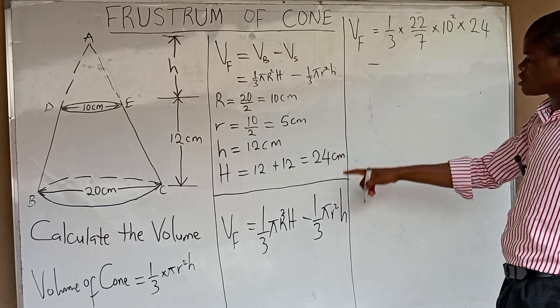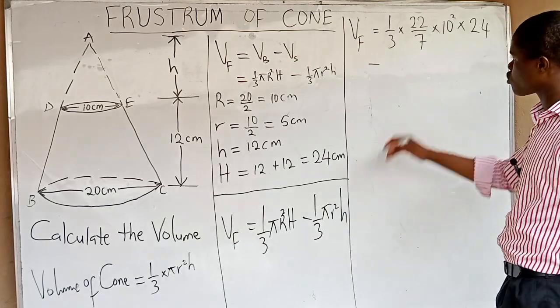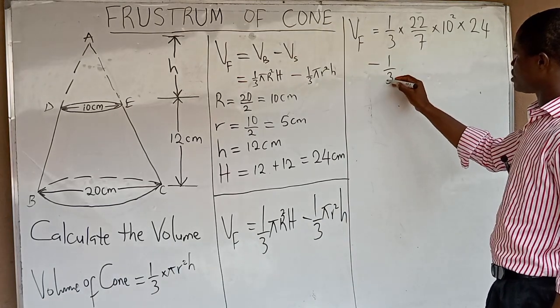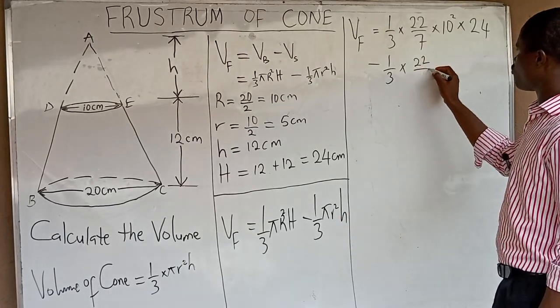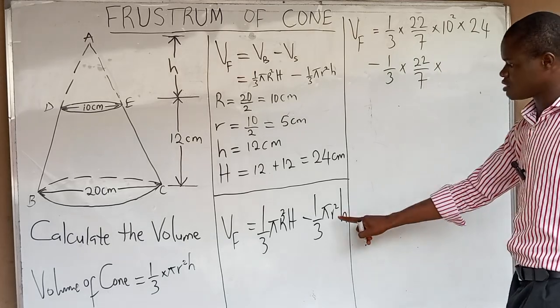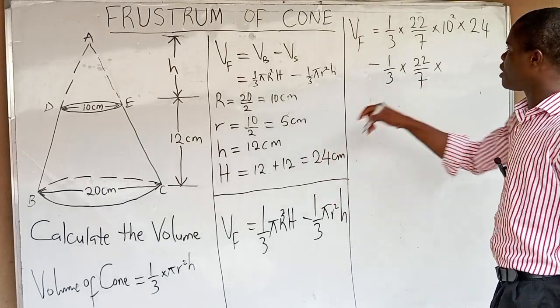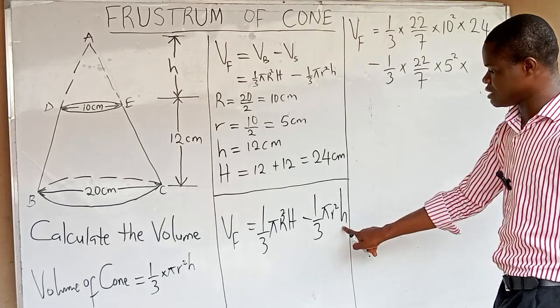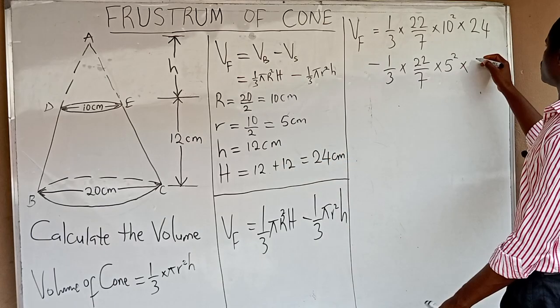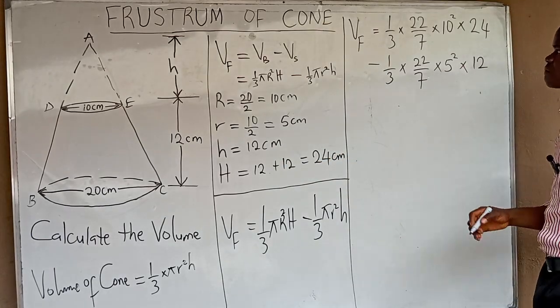Then we are going to minus the volume of the smaller cone, which is 1 over 3 times pi, 22 over 7, times the smaller radius. The smaller radius is 5 square times height. The height of the smaller cone is 12 centimeter.